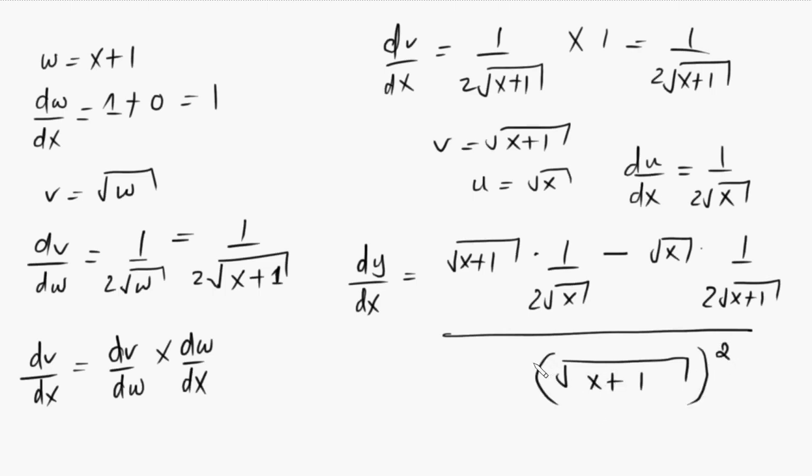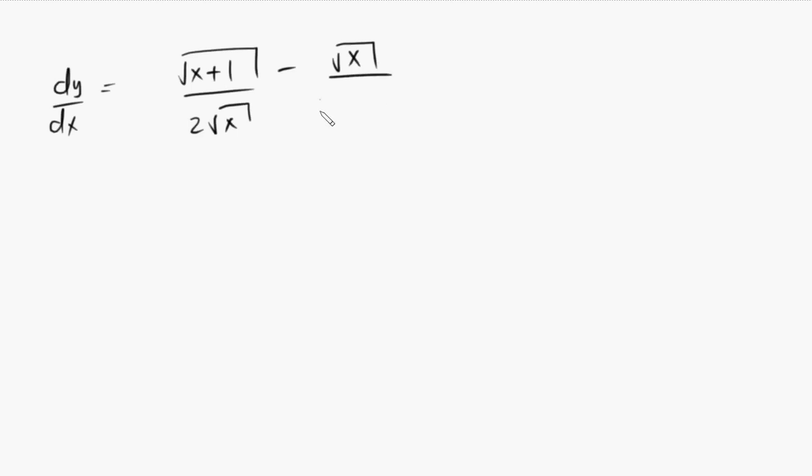So I get dy/dx is equal to the square root of x plus 1 over 2 times the square root of x, minus the square root of x over 2 times the square root of x plus 1, all of this over x plus 1.